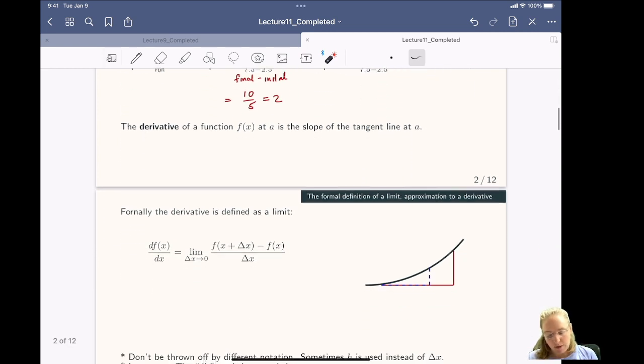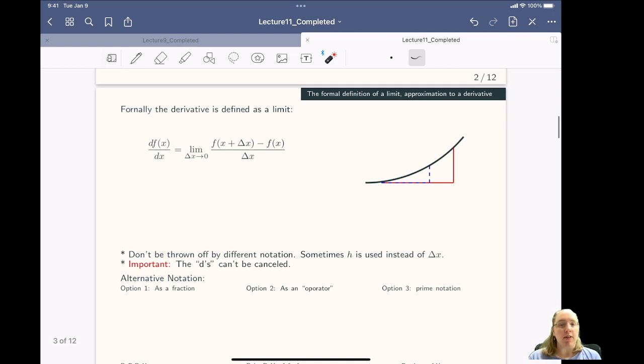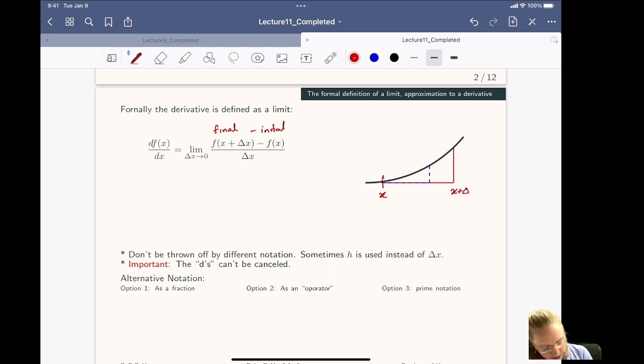All right. Formally, the derivative is given by this limit that is motivated by this rise over run. So if we take the rise of a function, the final value minus the initial value. So if this is our point x, and this is x plus delta x, then we end up with f of x and f of x plus delta x.